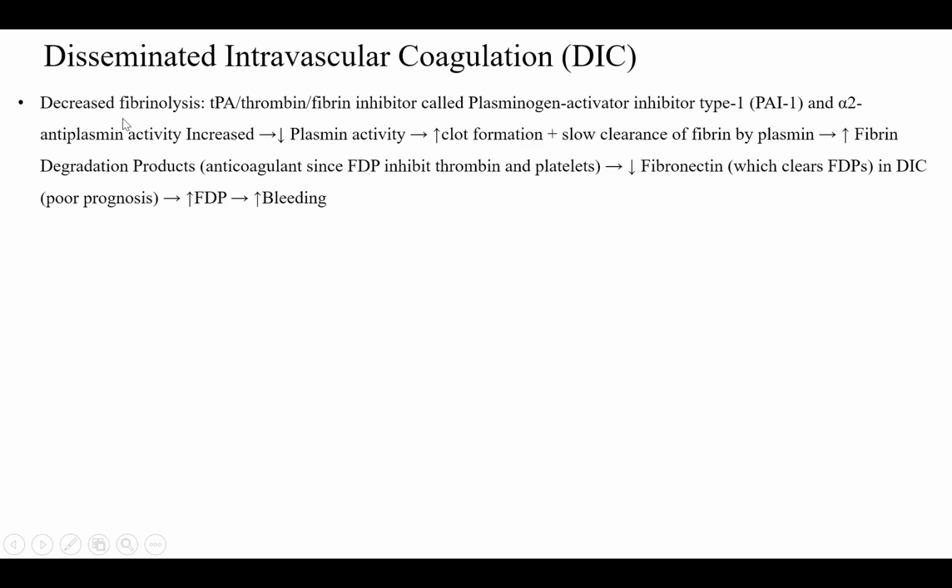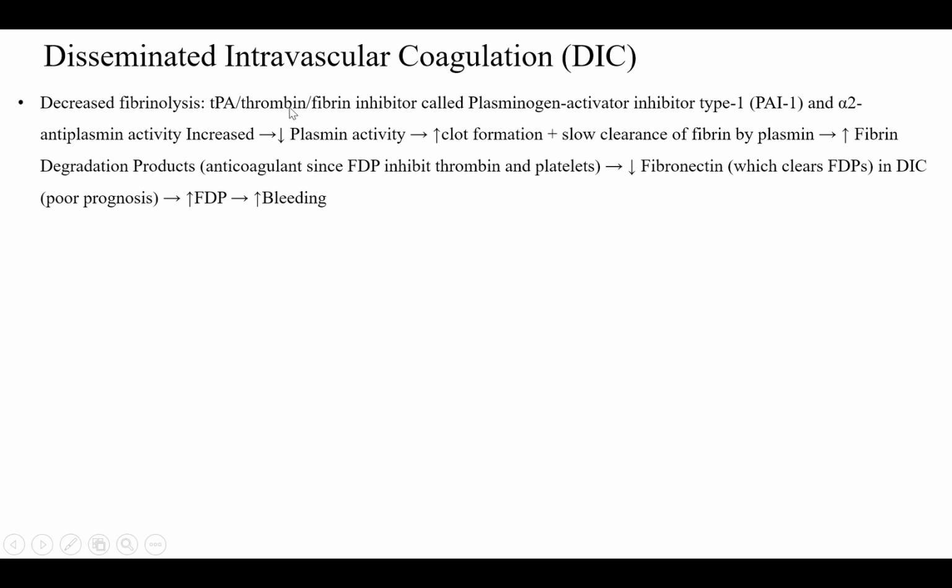Another thing that is happening is decreased fibrinolysis. You have plasminogen activator inhibitor type 1. Basically this inhibits the conversion of plasminogen. Plasminogen activator inhibitor works against anything that activates plasminogen into plasmin.